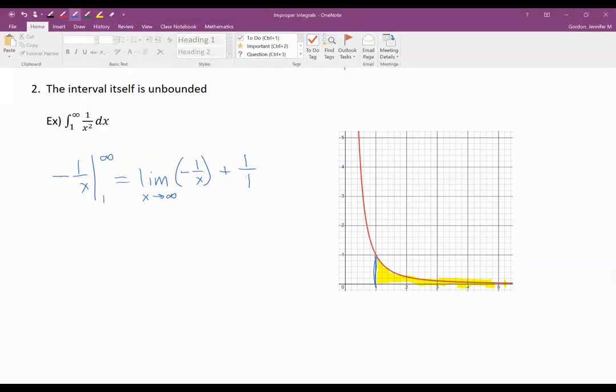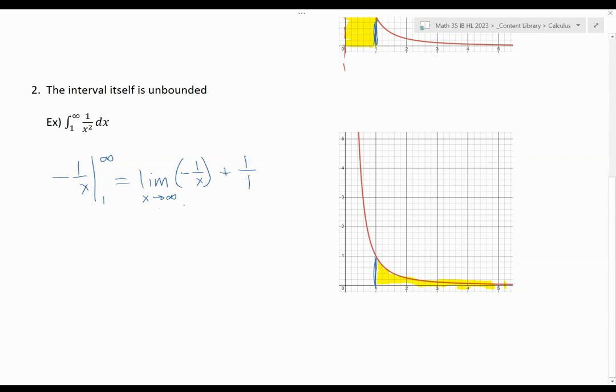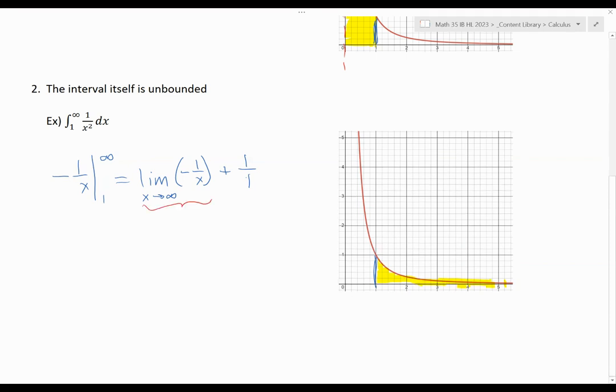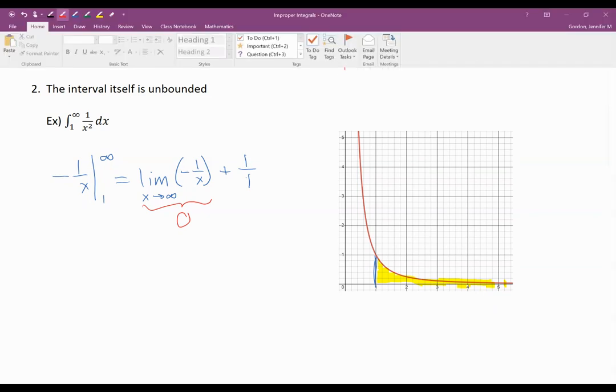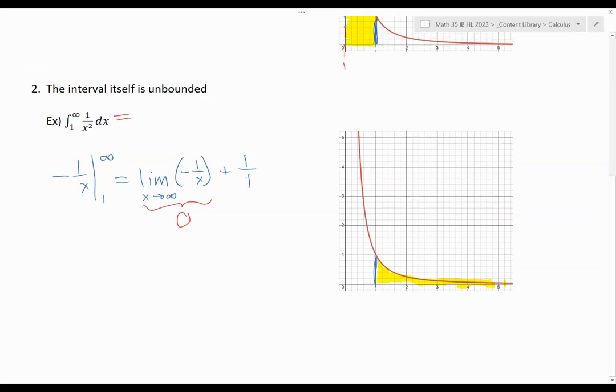Now, in this case, the limit actually does exist. The limit as x approaches infinity of negative 1 over x is in fact 0. So in this particular instance, the solution to this improper integral is actually just 1. So there is a finite area.